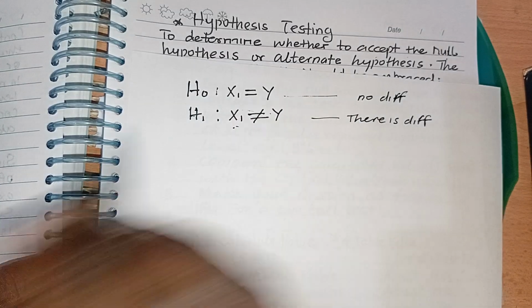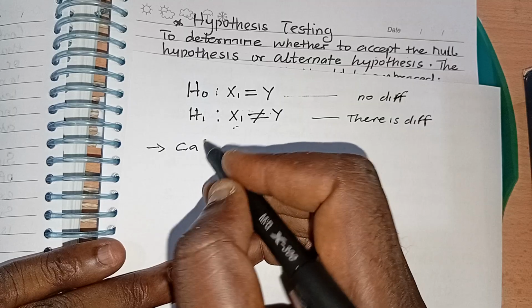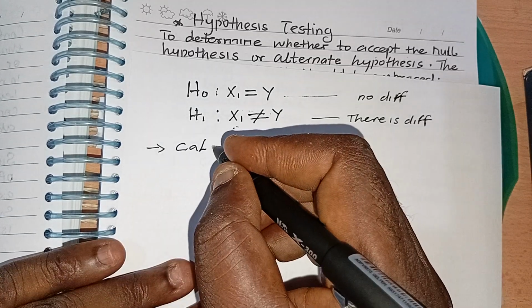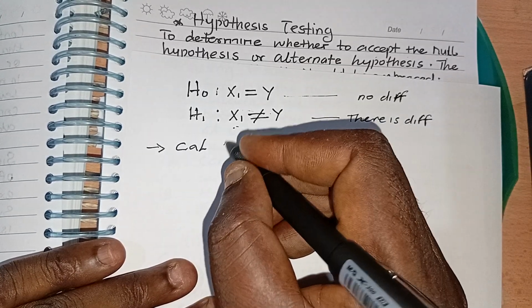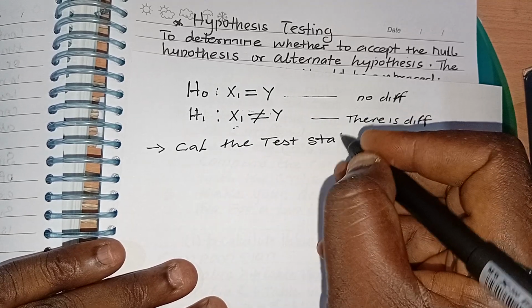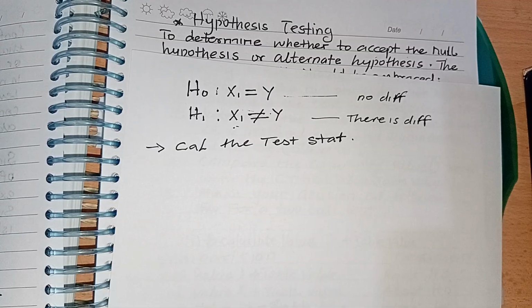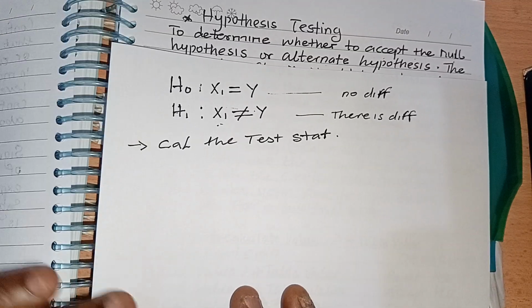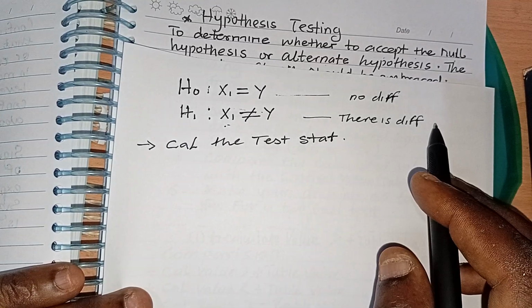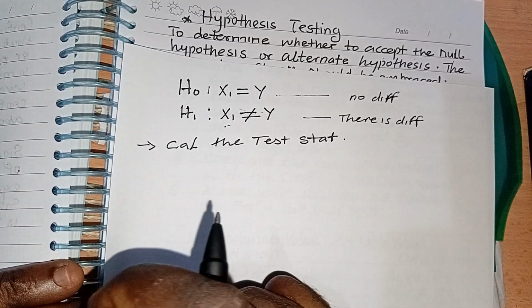You formulate the hypothesis. The next thing is to calculate the test statistics. In this case, we are going to use a model to calculate our test statistics, and it is called the t-test statistics.